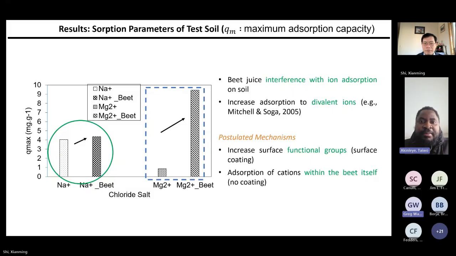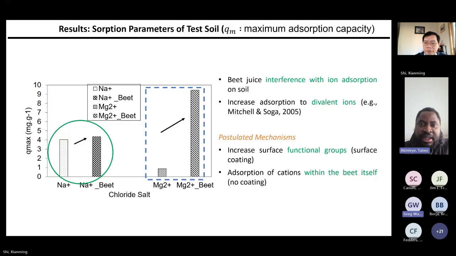Also, for the magnesium cation, you can see the difference when you move from just a magnesium chloride solution to a magnesium chloride solution plus beet juice. While this result is very obvious in magnesium chloride, if you change the scale of this graph, you can also see an increase in the sodium result when you add beet juice.